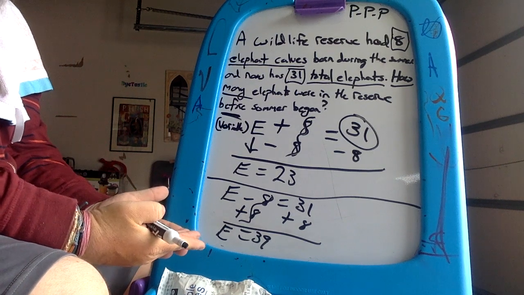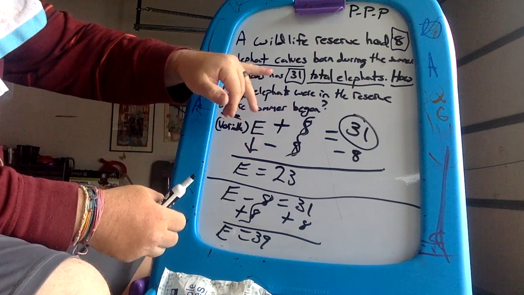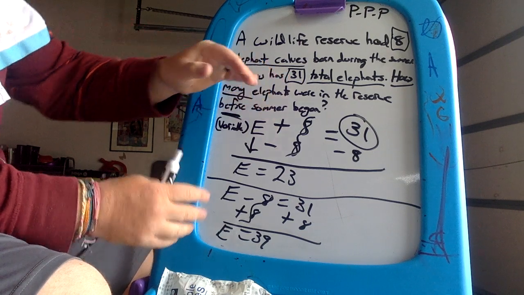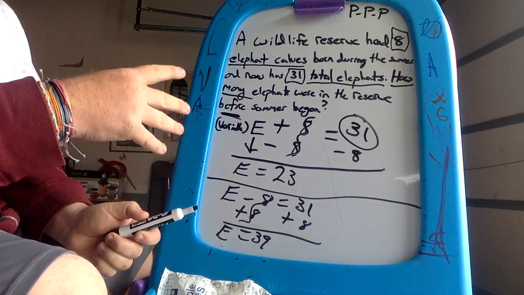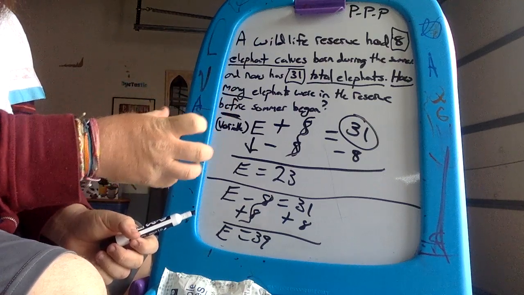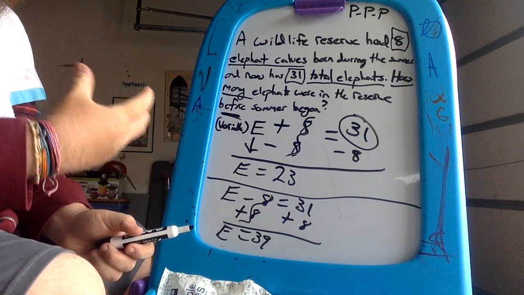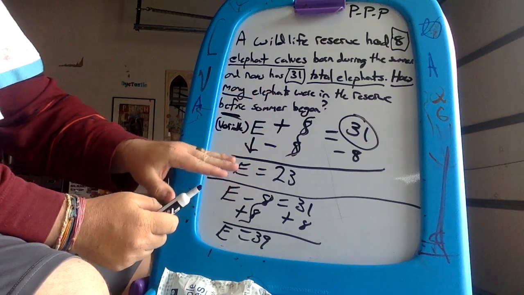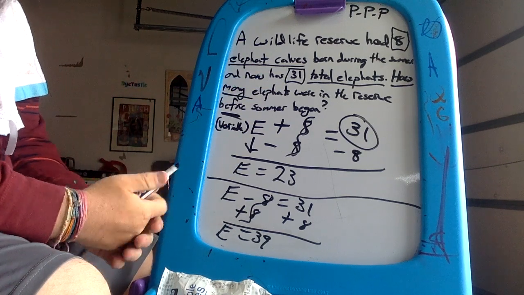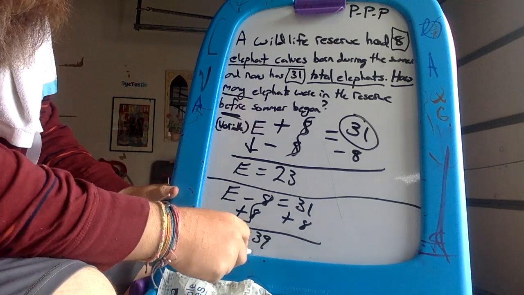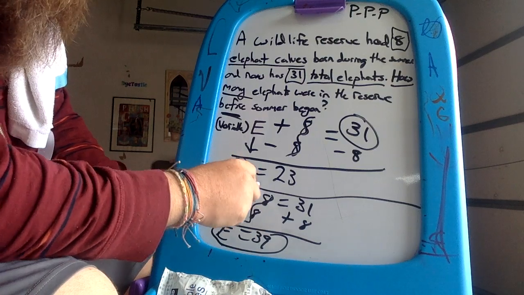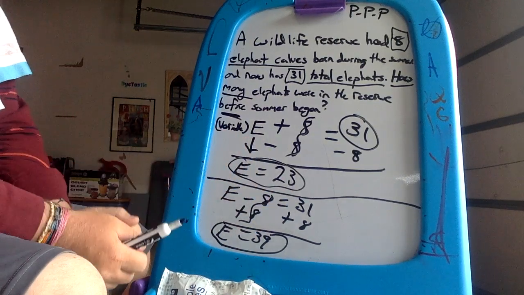Well, how's that possible? If it's 39 total elephants, the problem itself is taking 31. This is where you guys really need to remember we do with the boxes, the setup, with the probing the problem protocol. This is truly going to help you. This is where you guys need to do both. And then really look at the answers. So if you have E equals 39, or if you have E equals 23, then you should know, well, let me see.